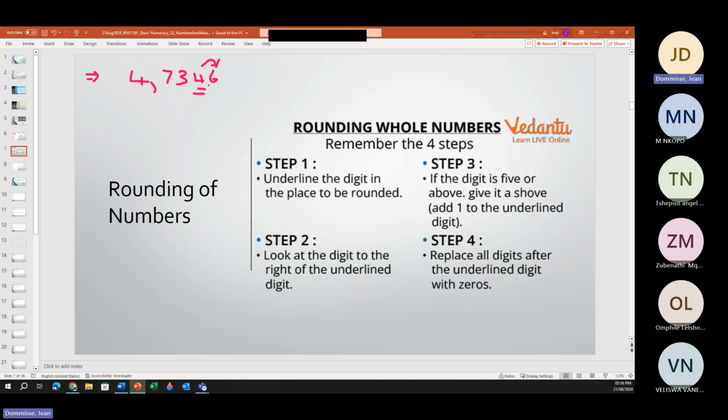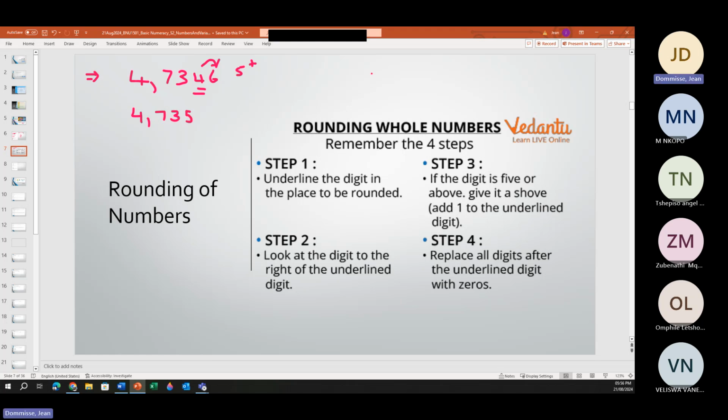And then if that number, and you can now see at step 3 and 4, if that number is 5 or more, we will round up the underlined number, so then it will become 4,735.